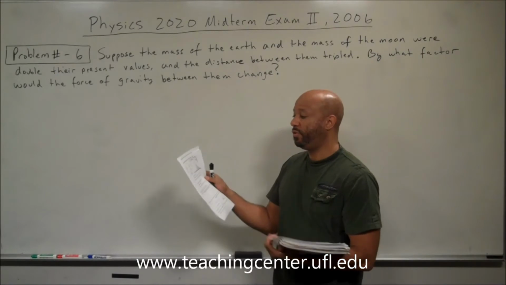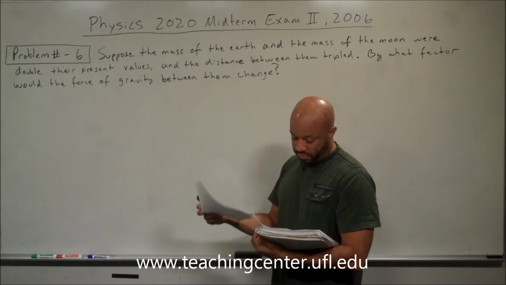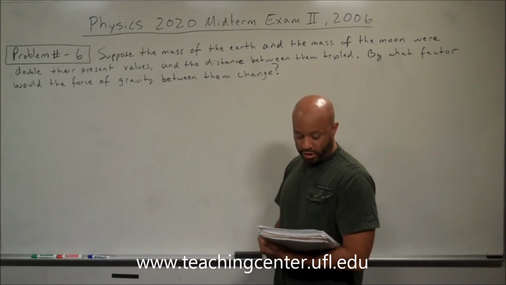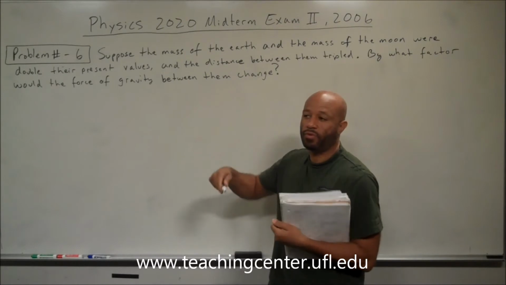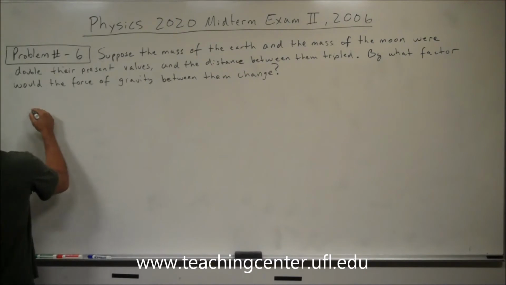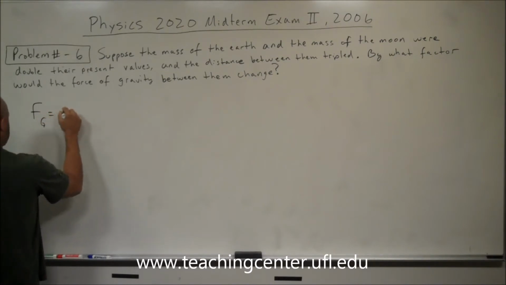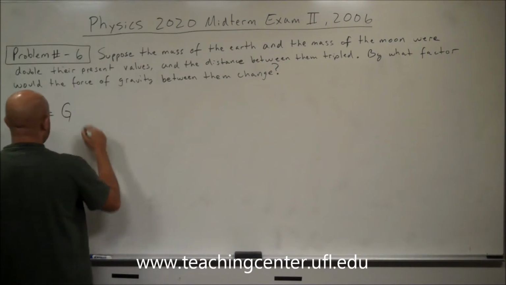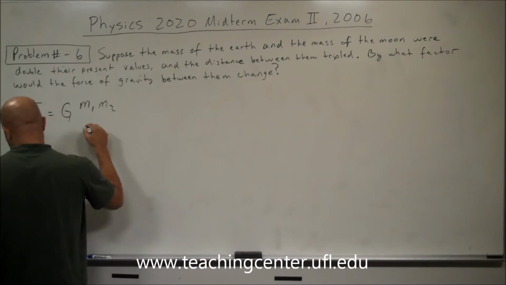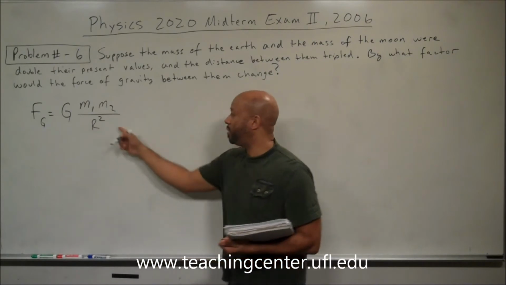if you go on your review sheet, formula sheet, and you look on the third page, you should see an equation for gravitational force. Okay, and so gravitational force we denote as Fg is equal to a gravitational constant times the mass of the first body times the mass of the second body divided by the distance between the two bodies squared.